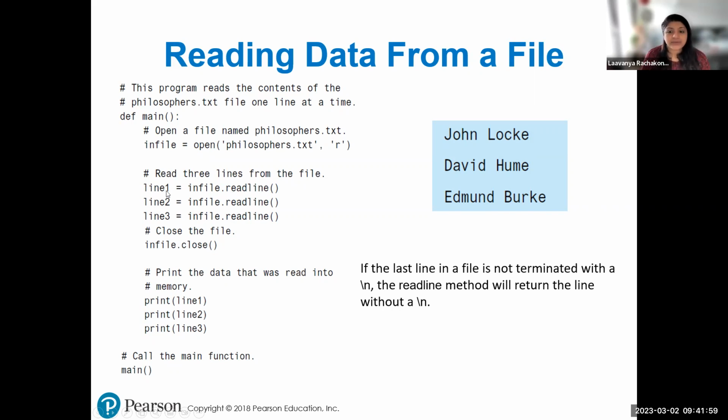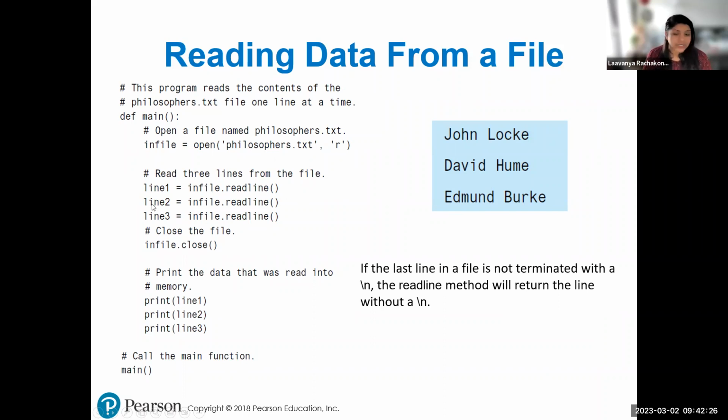The reason why I have the variable name as line1 is because I know that my readline method will return the string of the first line from that file. So I know that the output of this statement, infile.readline, is the first line from my file. That is the reason why I have created a variable line1 and assigned that to infile.readline.